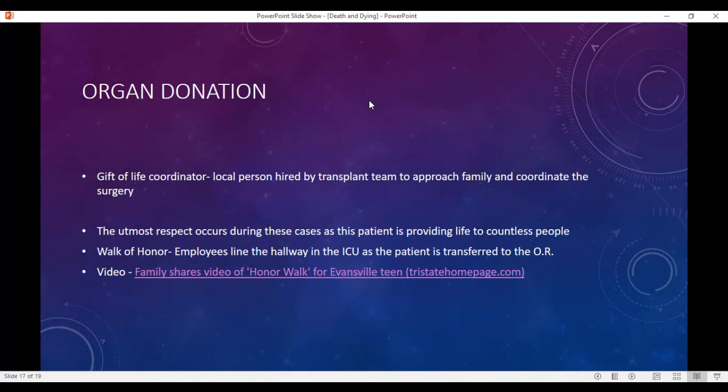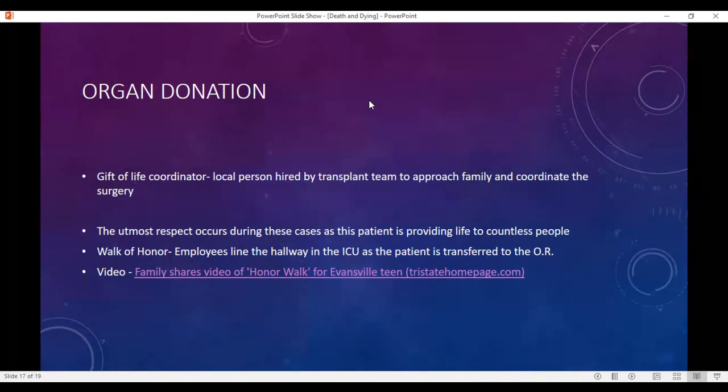And then letting that family member know, hey, tonight or tomorrow morning, we would like to move forward with the organ retrieval. And I want you to know that during these cases, the utmost respect occurs. It's quiet.